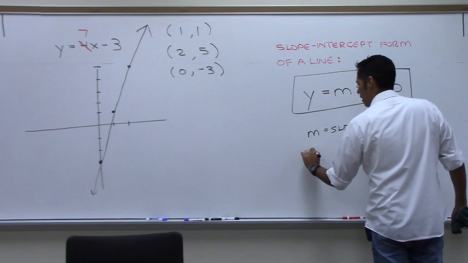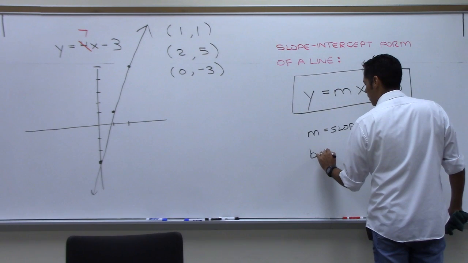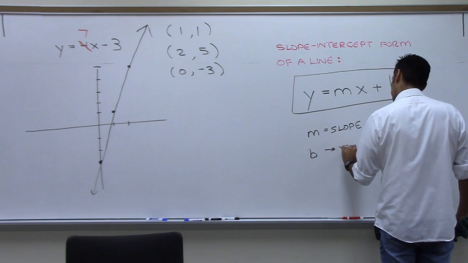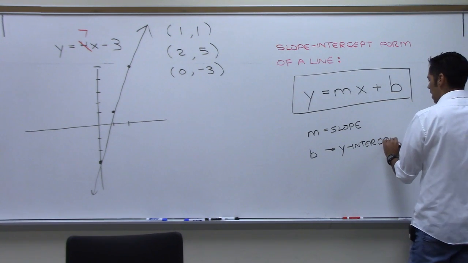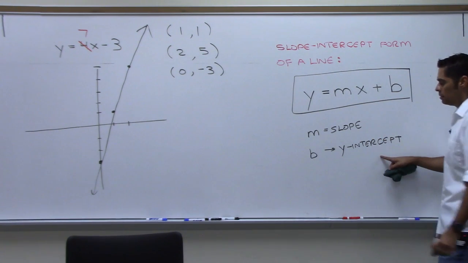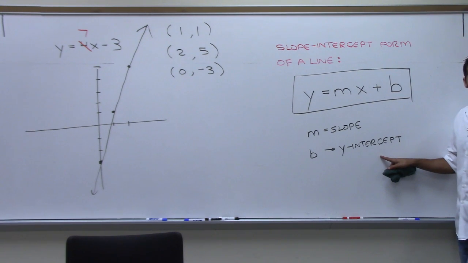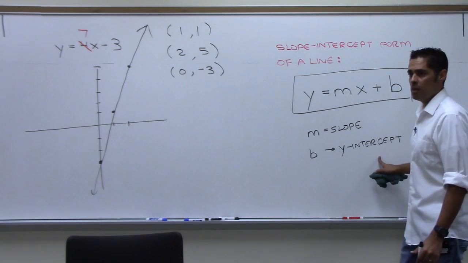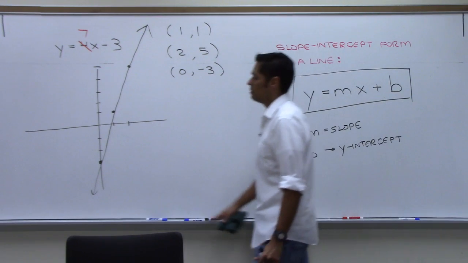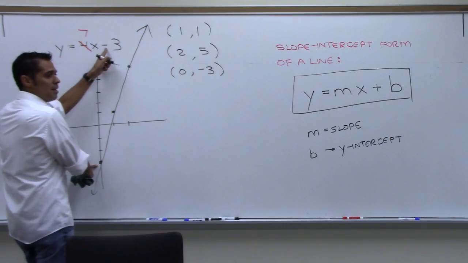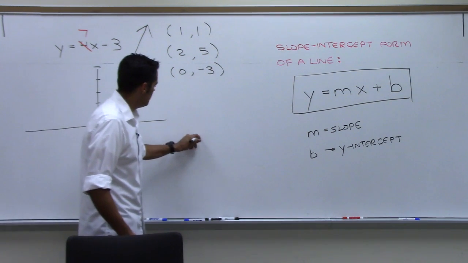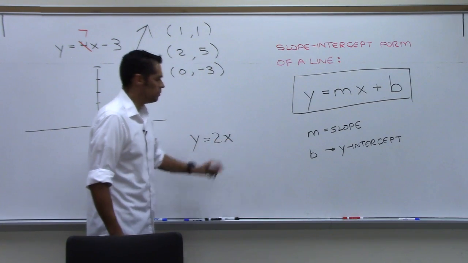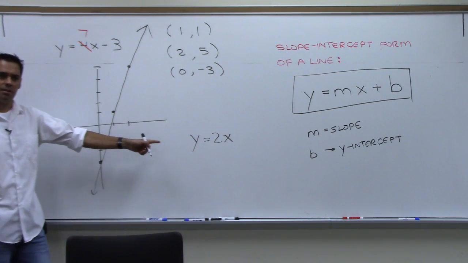And b is always going to be your y-intercept. Now, when I say y-intercept, what do I mean by y-intercept? It's where the line will cross through the y-axis. That number will always tell me where my line's going to go through the y-axis. Now, do you remember the first problem I did? What was the y-intercept of this one?